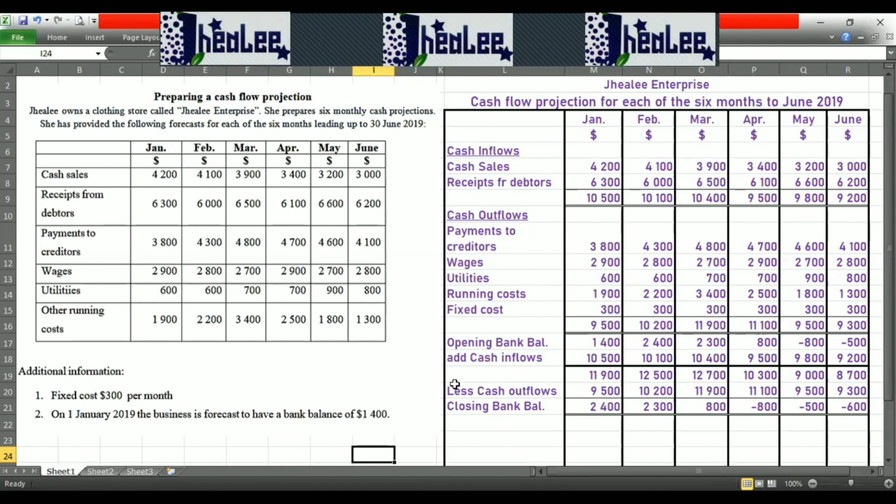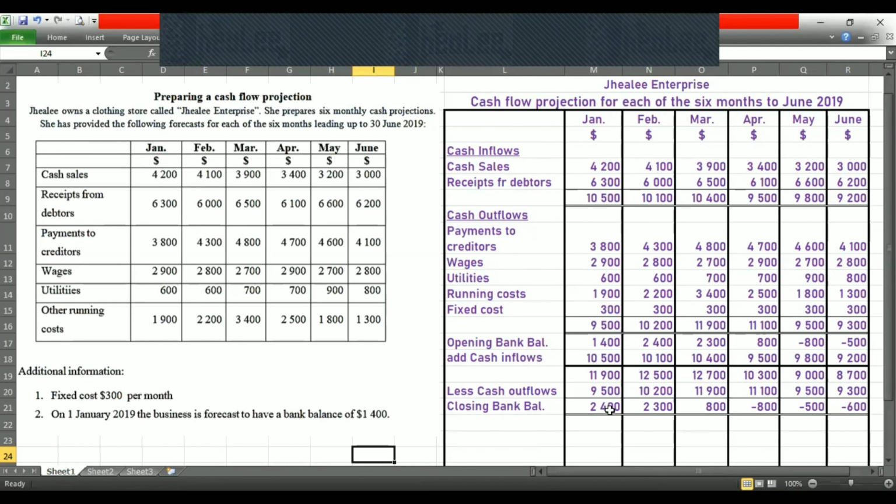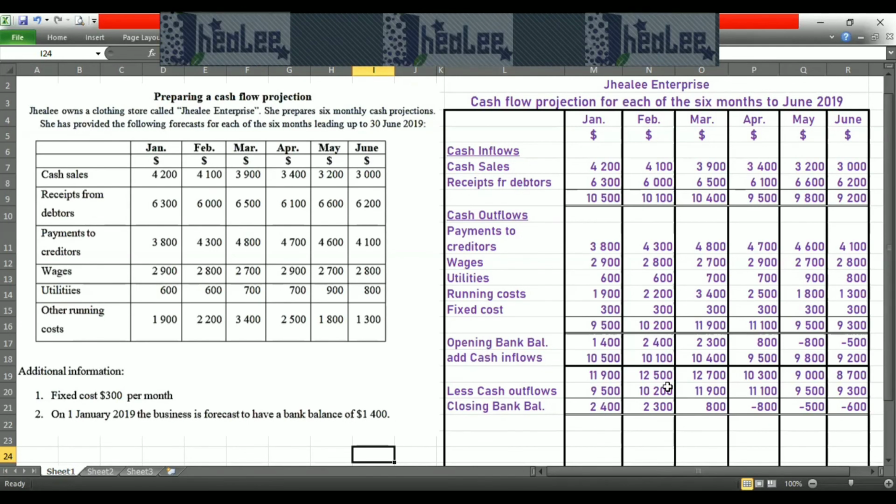Remember, for your balancing section, you're adding your inflows, you're subtracting your outflows, and that would give you your closing balance for a month. The closing balance for the previous period becomes the opening balance for the next period or the current period, basically. And that is how you would continue throughout the process of doing your cash flow projections.